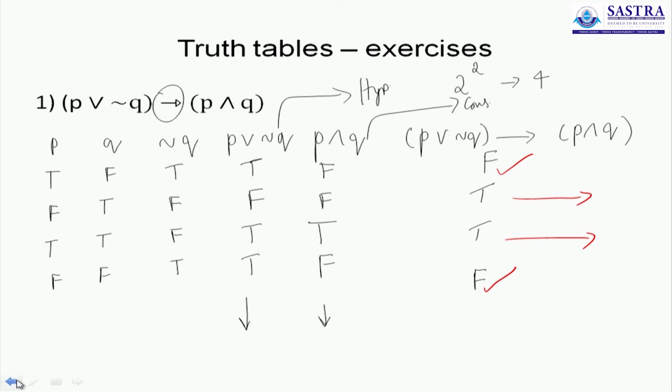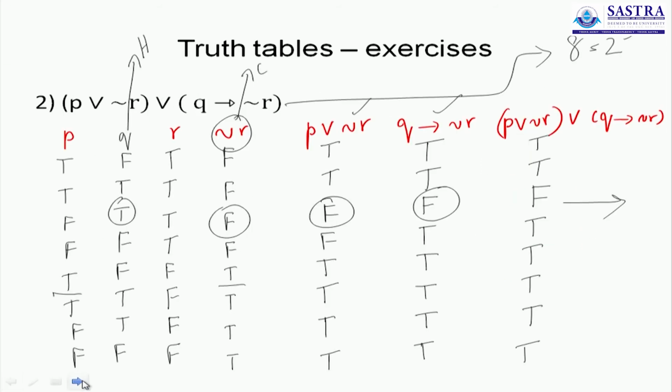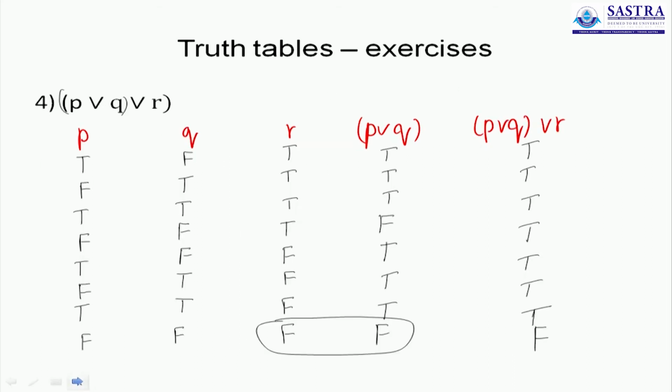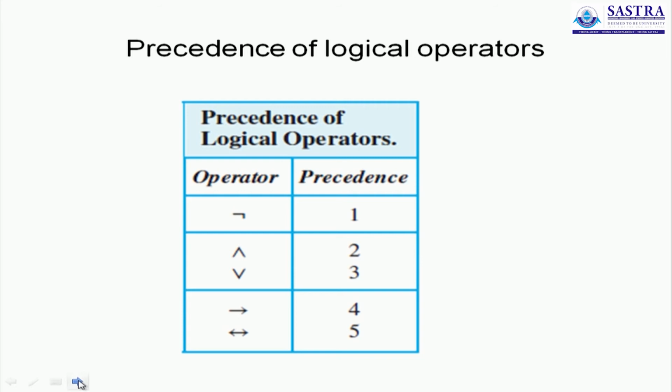Now when there are brackets like the ones on your screen, it's obvious that you will complete those brackets first and then complete whatever is without the brackets. But this is the precedence that we'll watch out for. In any given statement, you always complete the negation first.